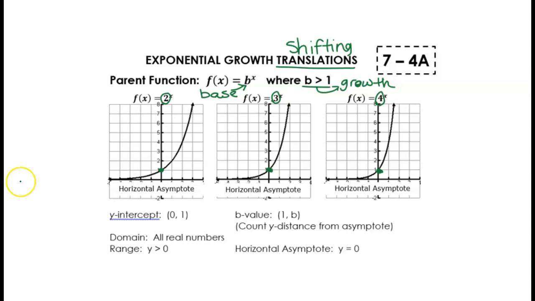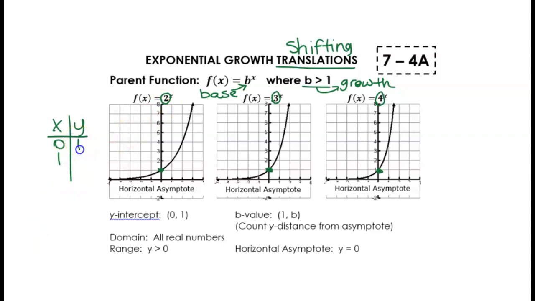And didn't we talk about that on the day that we did our parent functions? We created a table, and the table had a bunch of numbers for x, a bunch of x values. And if I substituted those x values in there, if I took 0 and I made it the exponent, 2 to the power of 0 is always going to be what? It's not going to be 0. It's going to be 1.